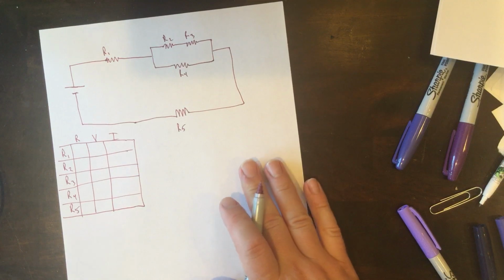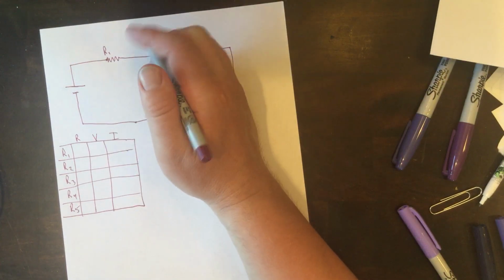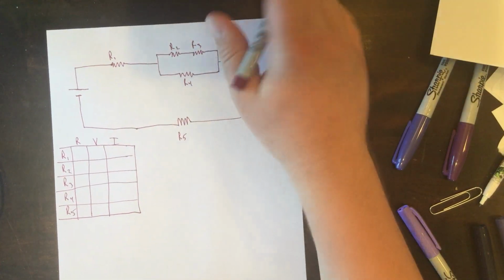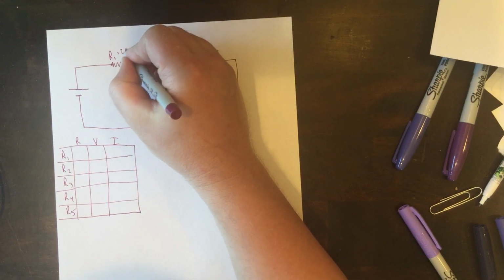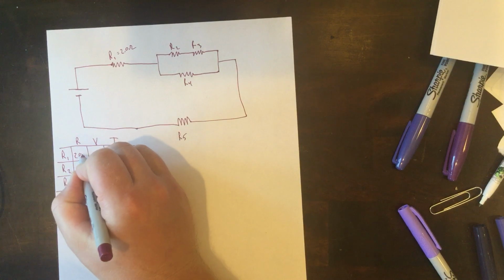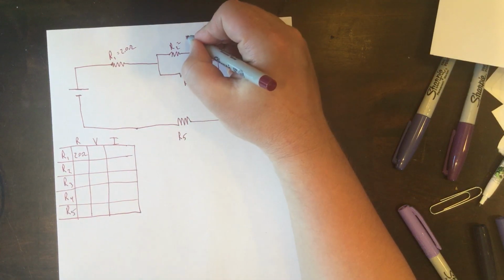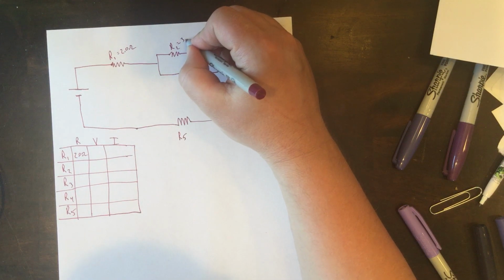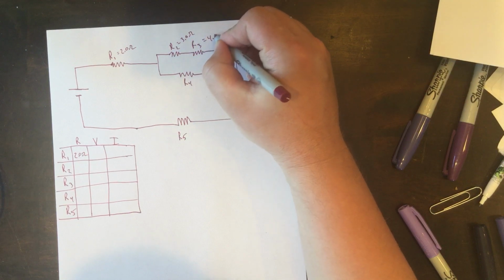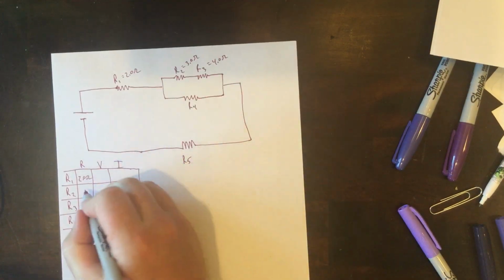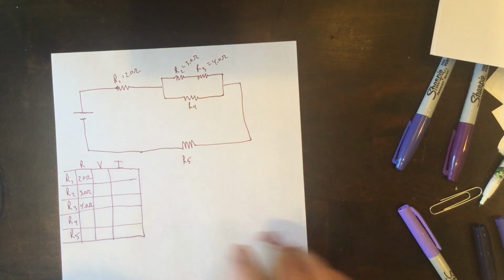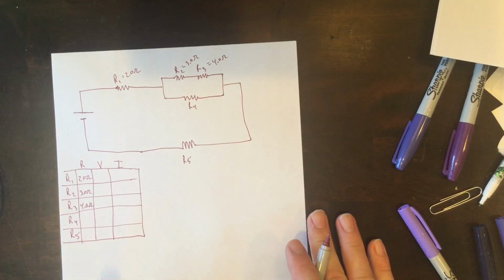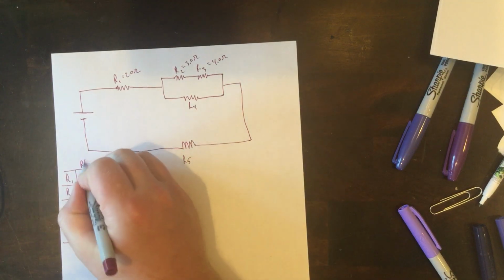Okay, so I just gave these some arbitrary values. It doesn't really matter which ones you pick because it's not a specific circuit. But for us, R1 is 2 ohms. R2 is 3. R3 is 4. Truth is, if you didn't want to put the ohm sign in there, that's fine. We should probably just put it up here.